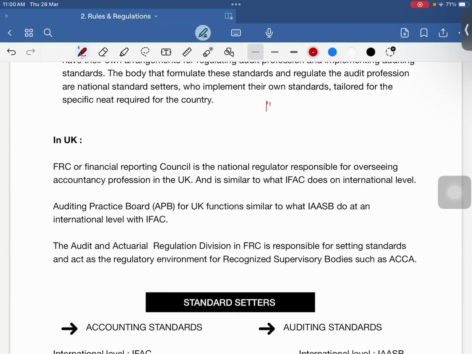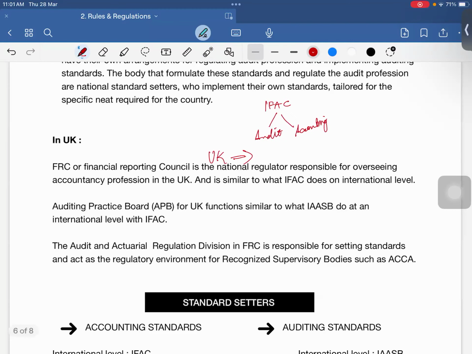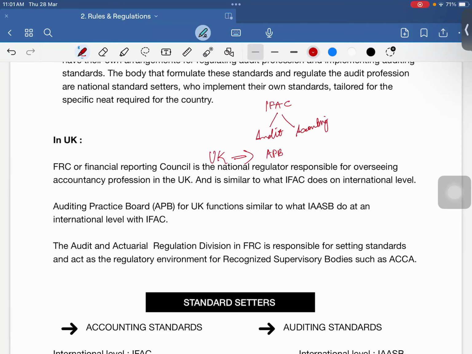So we have IFAC for audit and we have IFAC for accounting. When it comes to UK terms, the audit IFAC is called the APB. The accounting IFAC is called the FRC. Don't get confused. Often the students get confused here.